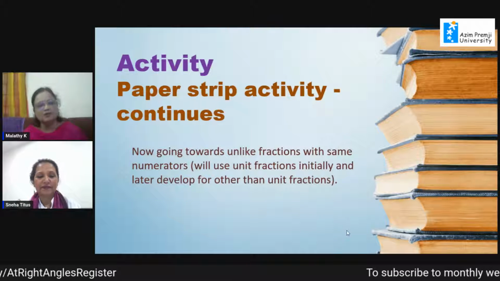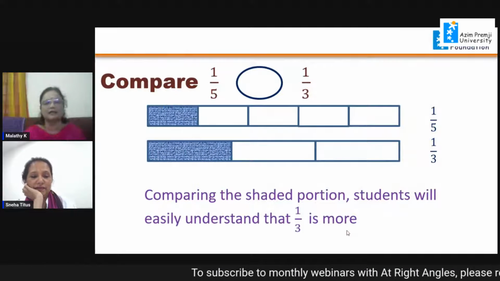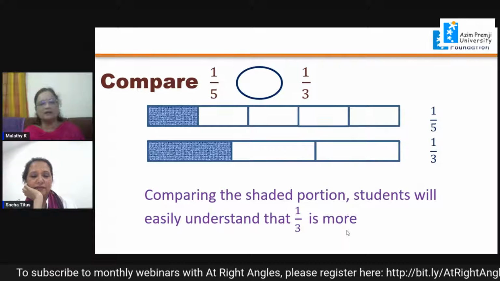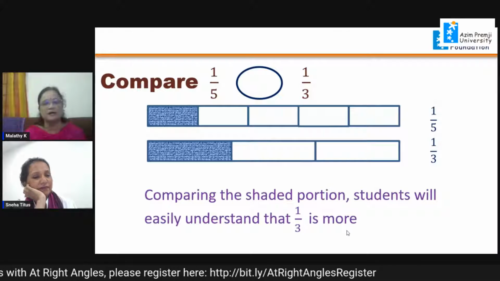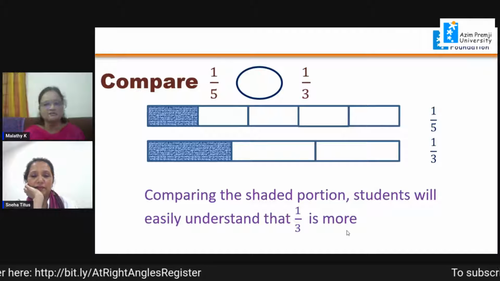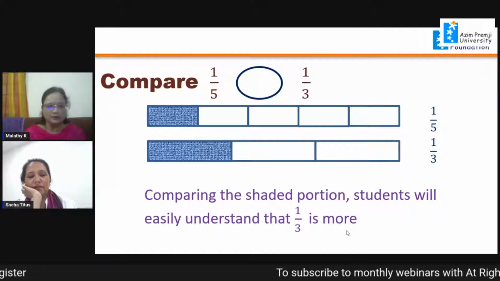So we use the unit fractions here initially. Then other than the numerator 1, we will take others. When 1 by 5 and 1 by 3 is compared, they themselves know that a strip is divided into 5 equal parts and 3 equal parts, and one among those will be more. When they look into the strip, they themselves say that 1 by 3 is more.